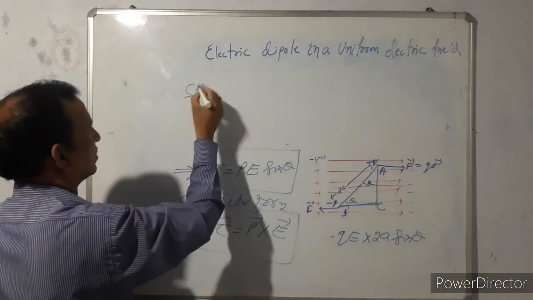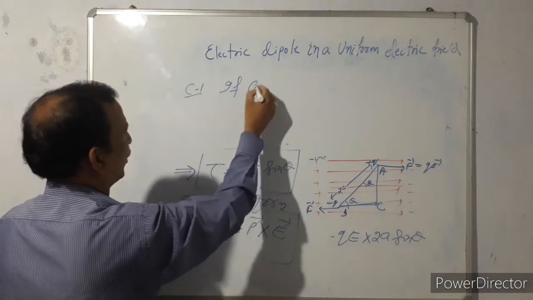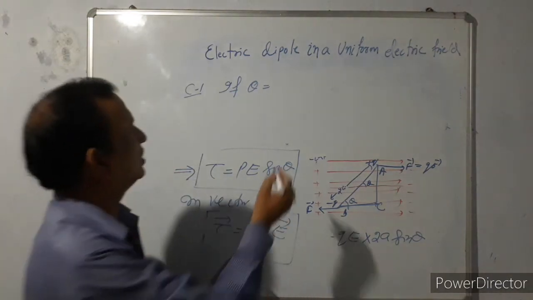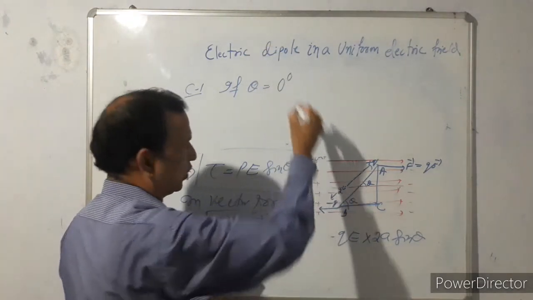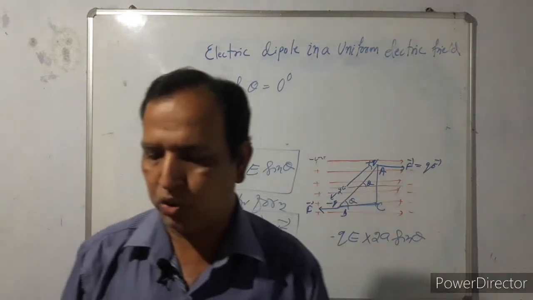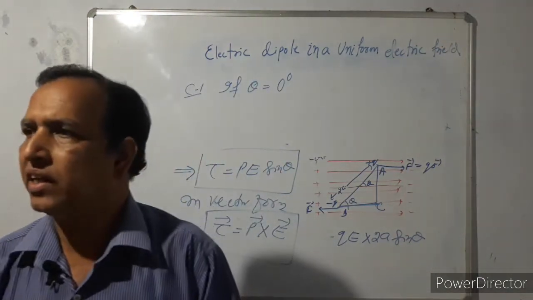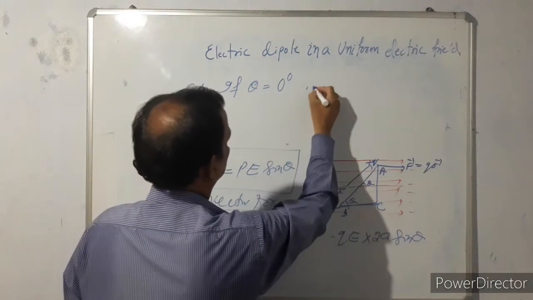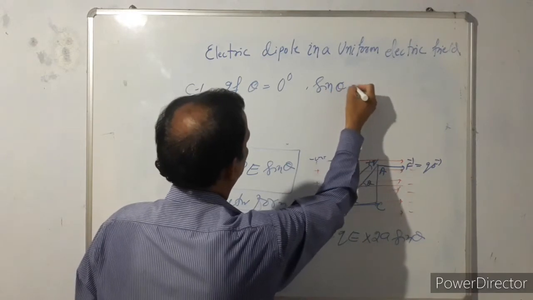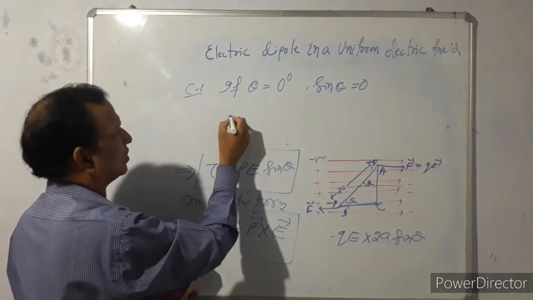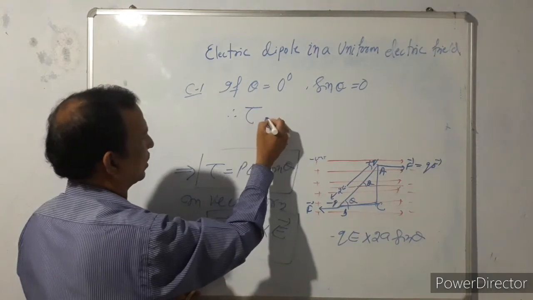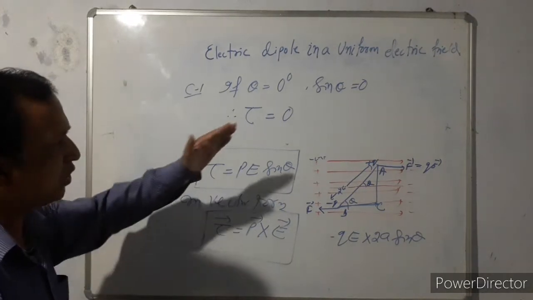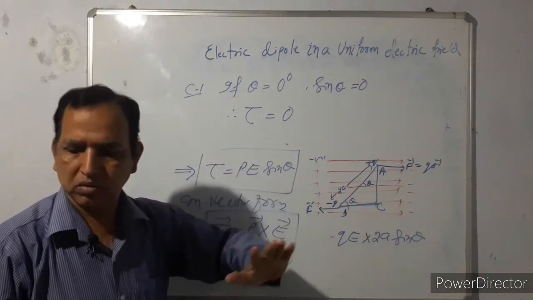Some special cases. Case 1: if theta is equal to 0 degree. If theta is 0, what is sin theta? Sin theta is also 0. So the torque is P E sin theta, which is 0. What is the meaning of theta 0?